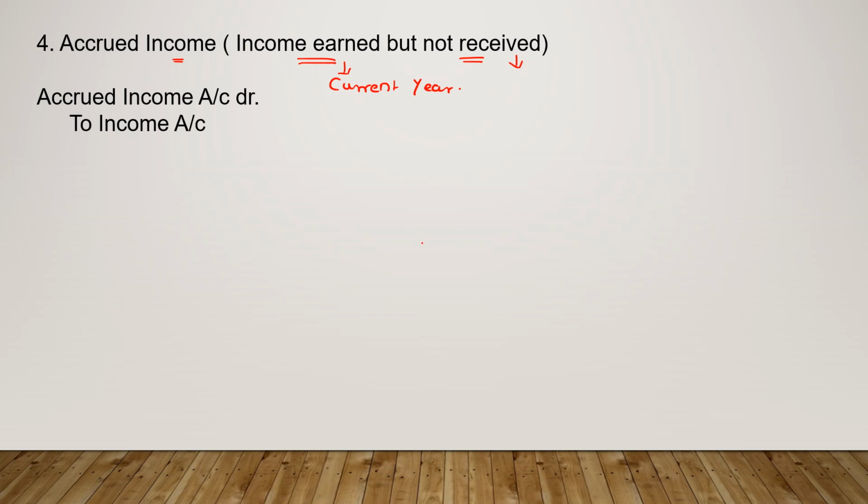Now for this, let us take an example and understand it. An example could be interest on an investment made. Suppose on this particular investment, interest is supposed to be received half yearly, once in the month of June, the other in the month of December. So let us take a financial year.